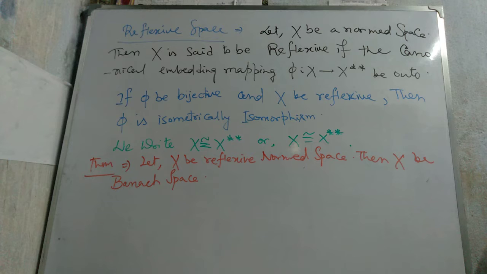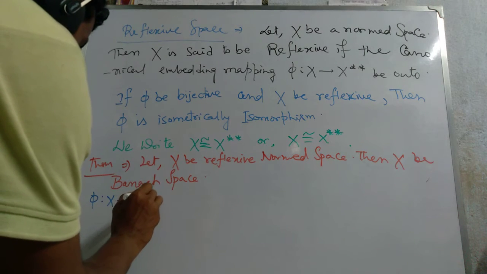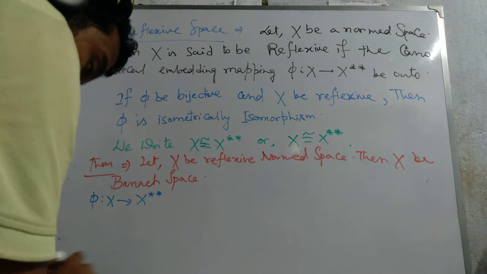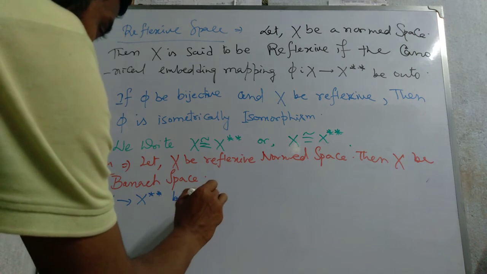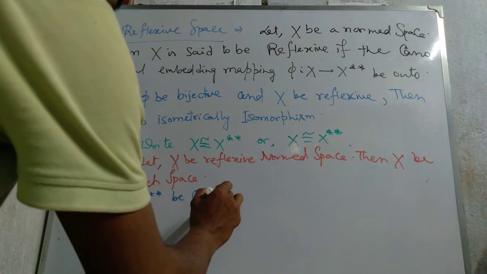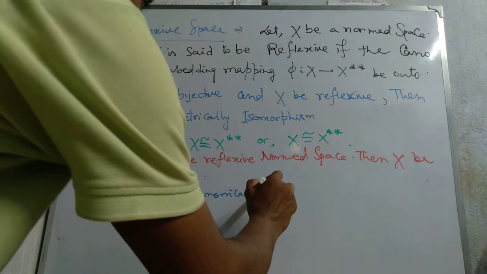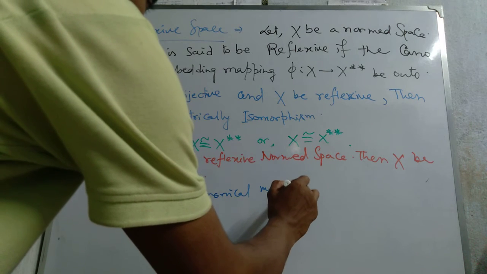Let phi from X to X double star, the second dual of X, be the canonical mapping.